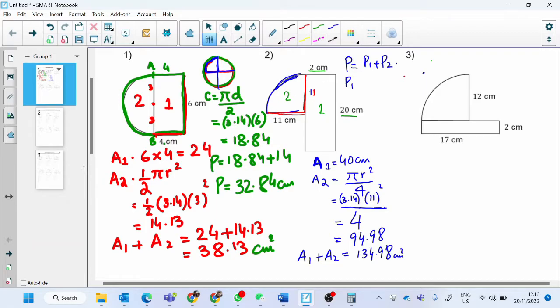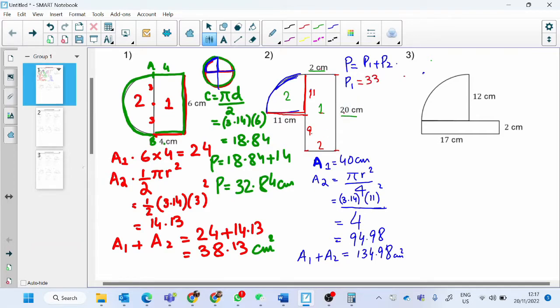So if this radius is 11, in total from this point to this point it's 20, so 20 minus 11 will give us 9. So from this point to this point it's a 9.